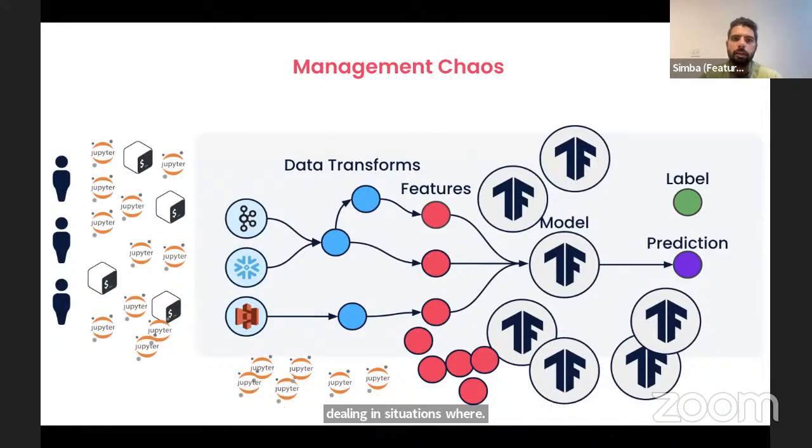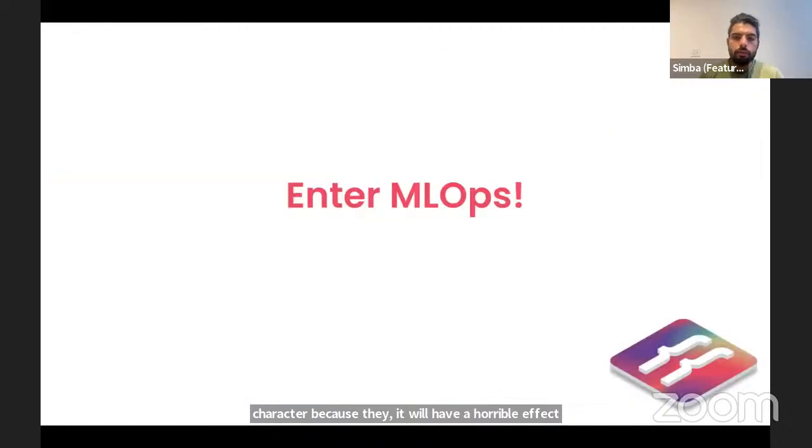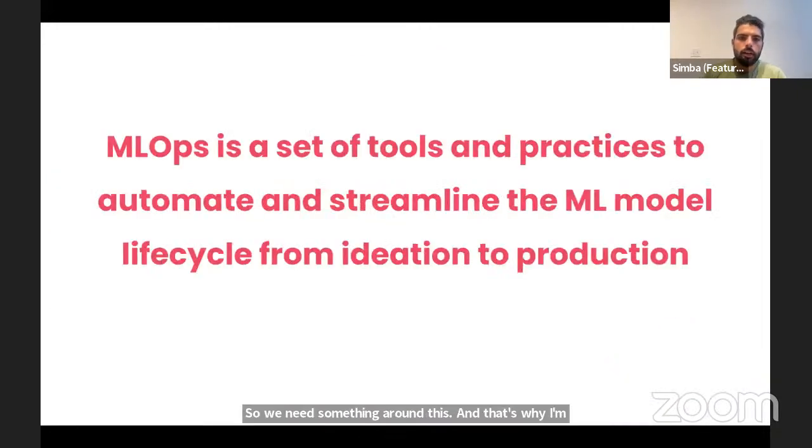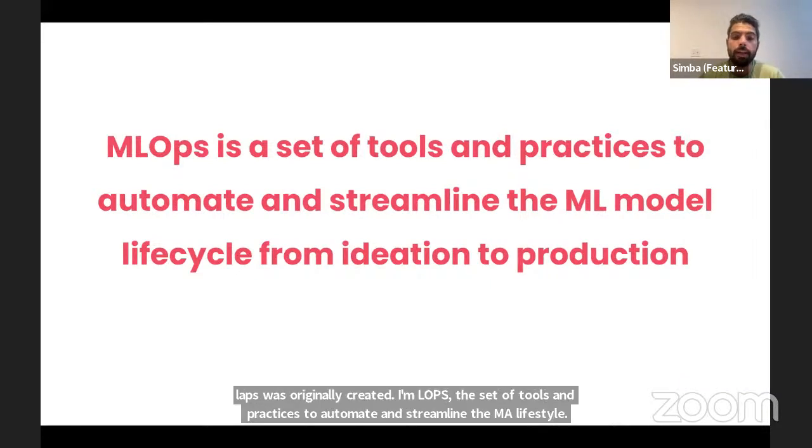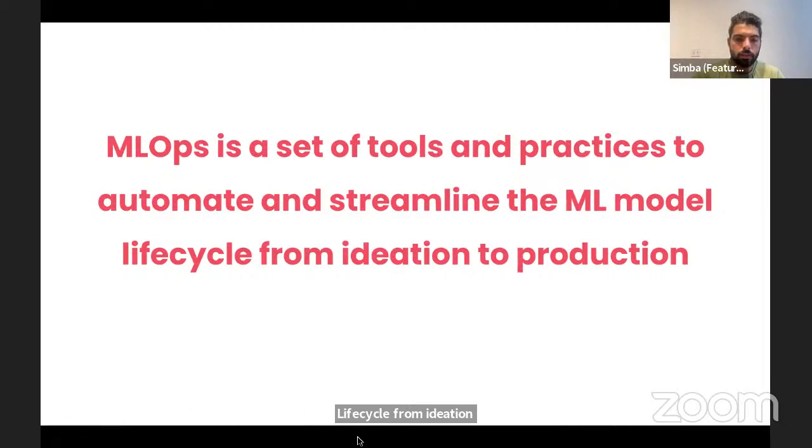Like if you're building a recommender system, you really have to make sure it doesn't recommend things that are awful or way just off character because it will have a horrible effect on user behavior. So we need something around this, and that's why MLOps was originally created. MLOps is a set of tools and practices to automate and streamline the ML lifecycle from ideation to production. So we should define that model lifecycle first. What does the model lifecycle look like from ideation to production?